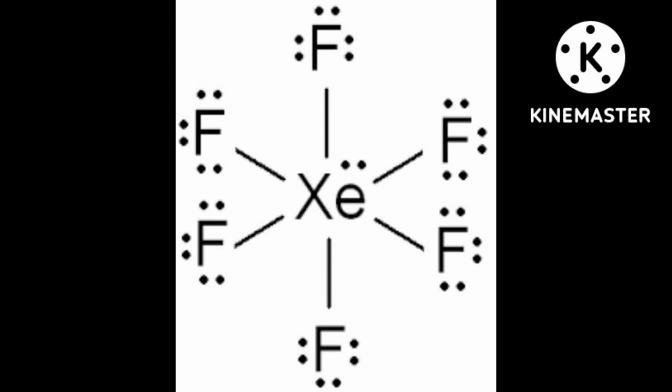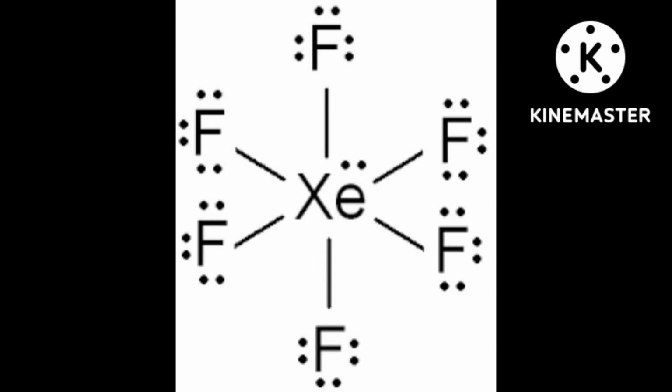Then 5 are remaining. 5 plus 2, 7 only. So in this case the octet is not completed. Same thing with the left side. 1 they have contributed, 5 are remaining, then 5 plus 2, 7. So on this side the octet is not completed.